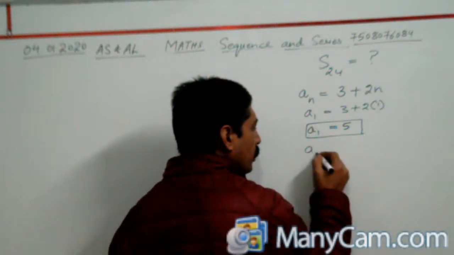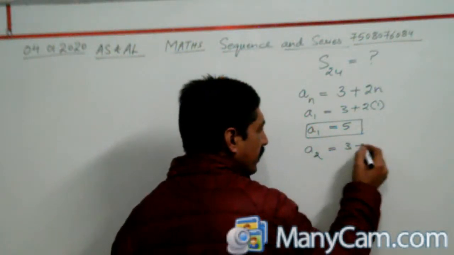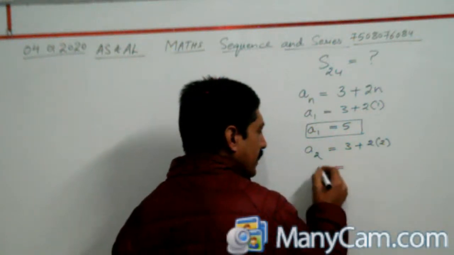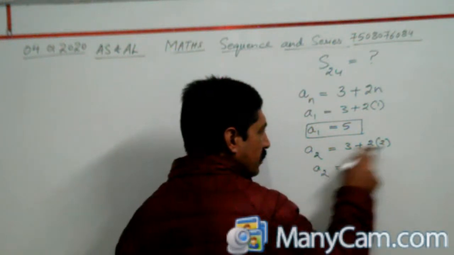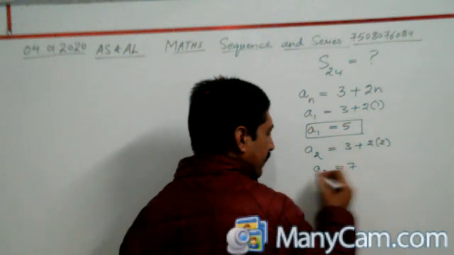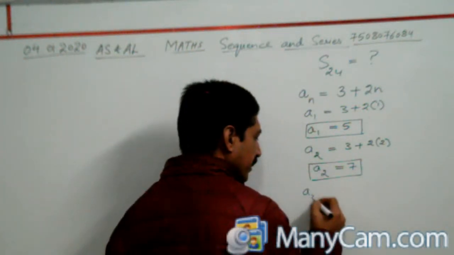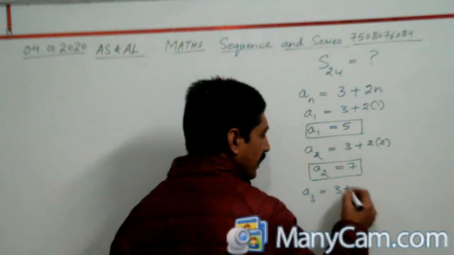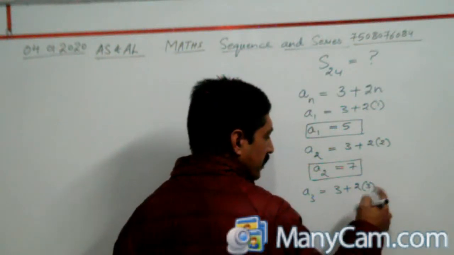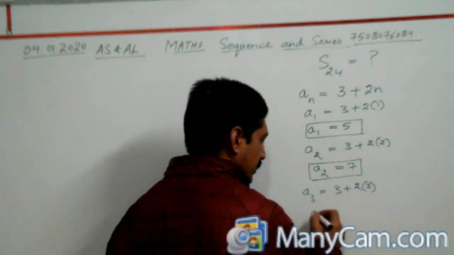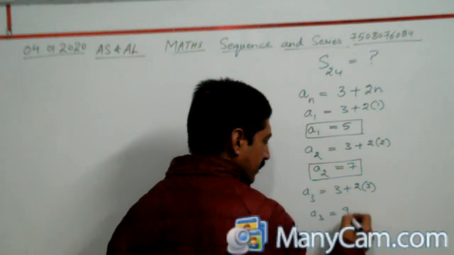Similarly, a₂ is equal to 3 plus 2 into 2, so the second term is 4 plus 3, that is 7. So on. What is a₃? a₃ is equal to 3 plus 2 into 3, that is 6 plus 3, which is 9. So this is the AP here.